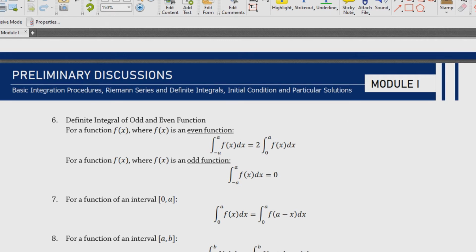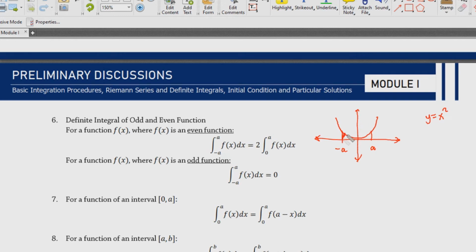So for example, maggawa tayo ng isang even function. So ang one good example ng isang even function is a parabolic function, no? Let's say we have this one, okay? So let's say ito yung y equals x squared natin, diba? Knowing x squared siya ay an example of even function. So if you try to take, for example, ito yung negative a mo, and this one is positive a.